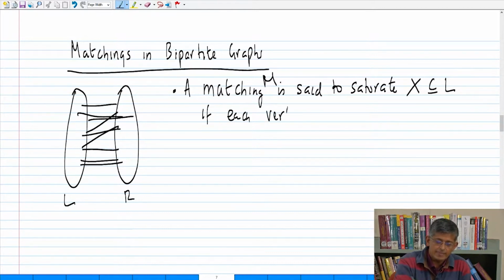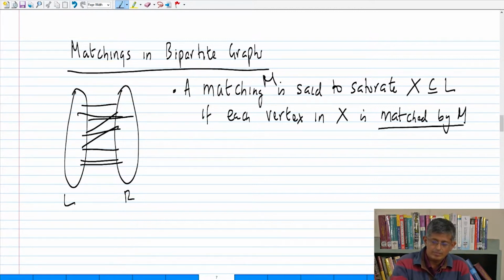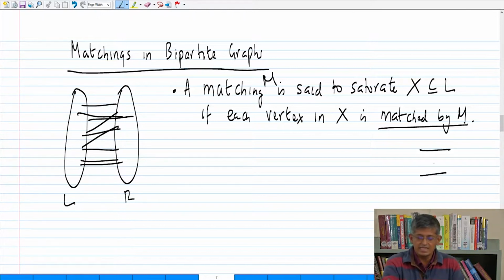each vertex in X is matched. I am using some terminology which you will find in the textbook. When I say a vertex is matched by a matching M, it means that there is an edge incident on it inside the matching. For example, this vertex U is matched by M because this edge is in the matching.